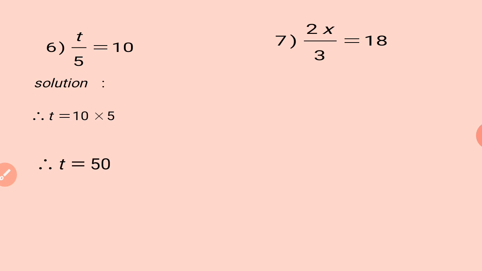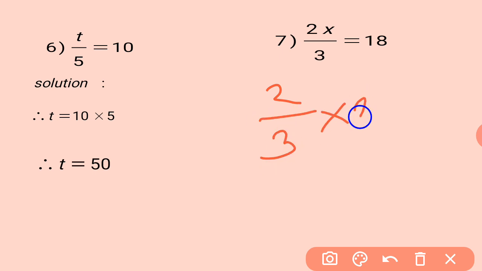The next question, 2x upon 3 equal to 18. 2x upon 3 can be understood as written as 2 by 3 multiplied by x equal to 18. Both are mathematically equal. Now 2 by 3 is multiplied to x. So on the other side it will be divided.